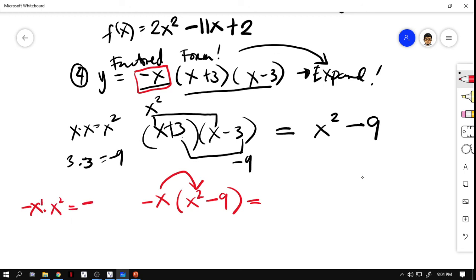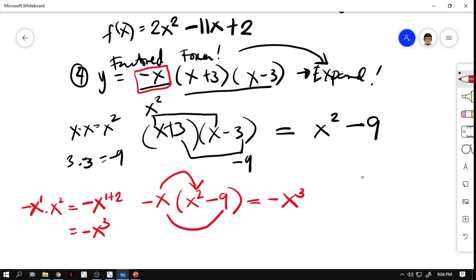And you are multiplying variables that contain the same base. So, anong gagawin natin sa exponent nila? Negative x has an exponent of 1. I-add mo. So, this is the same base, x. 1 plus 2, that is 3. So, you have negative x cubed.